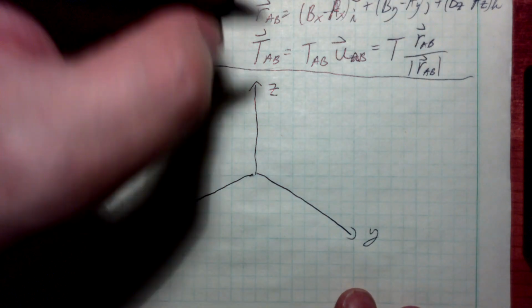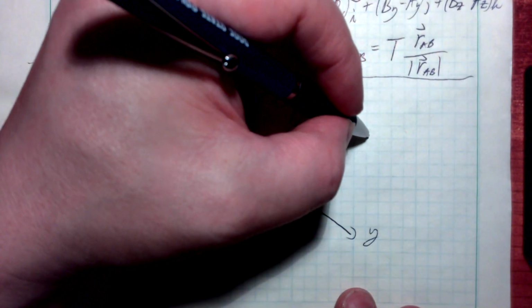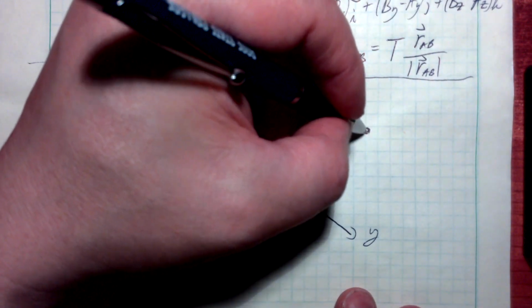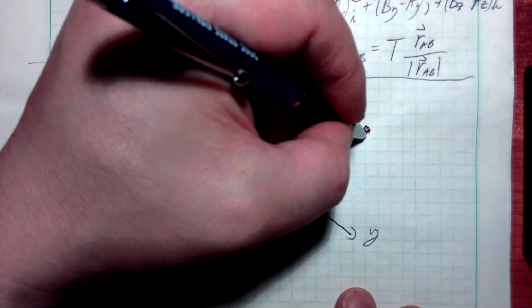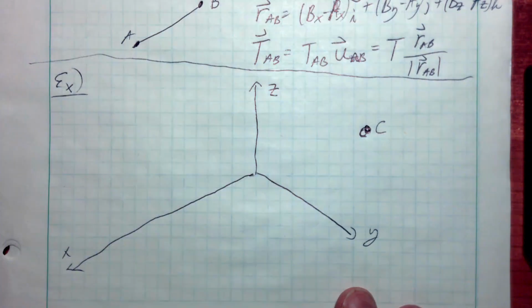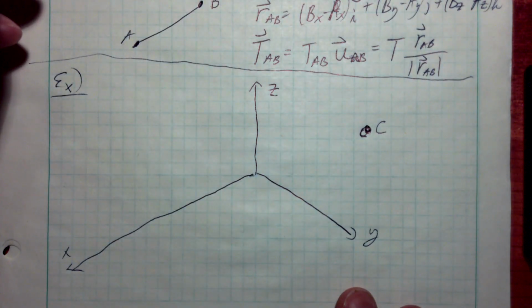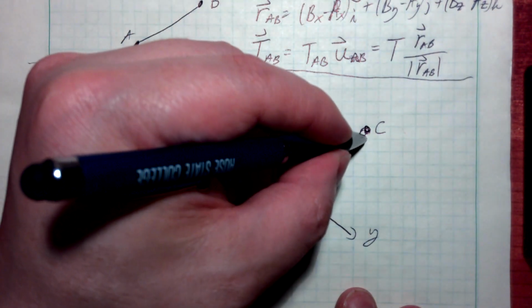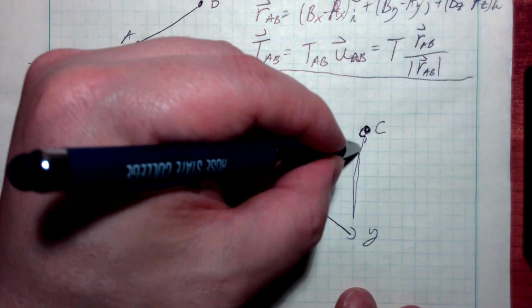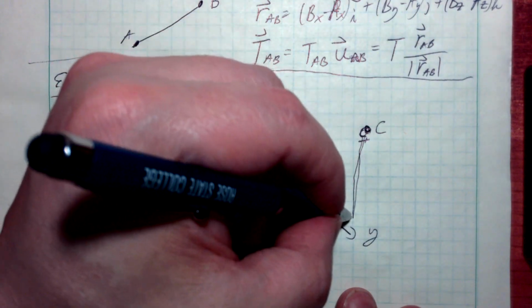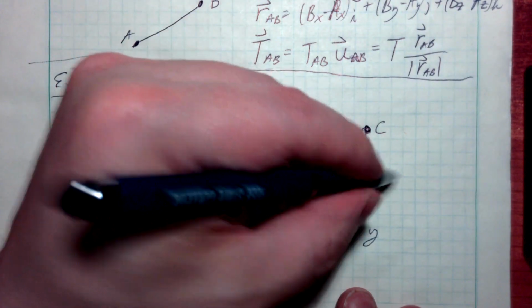Okay, there's a point C back here on the ZY plane. Point C. The problem says that it is 8 feet straight up in the z direction.